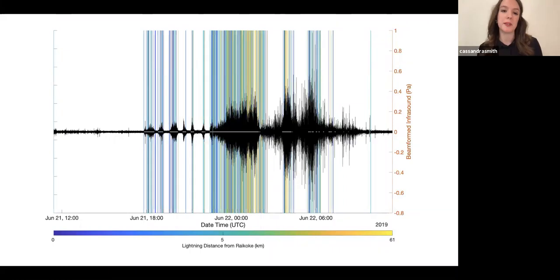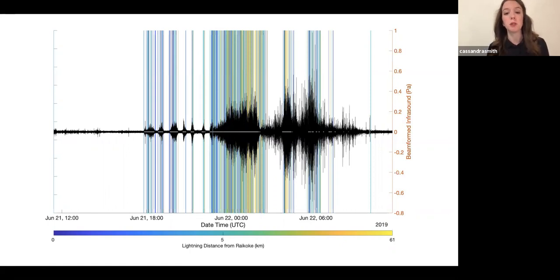So what we're seeing on this plot here, this black squiggly line is the infrasound. And then the white line down the center of that, those white points are the coherent signals with a back azimuth to Rakoki. So that's indicating that these are eruption signals being recorded.